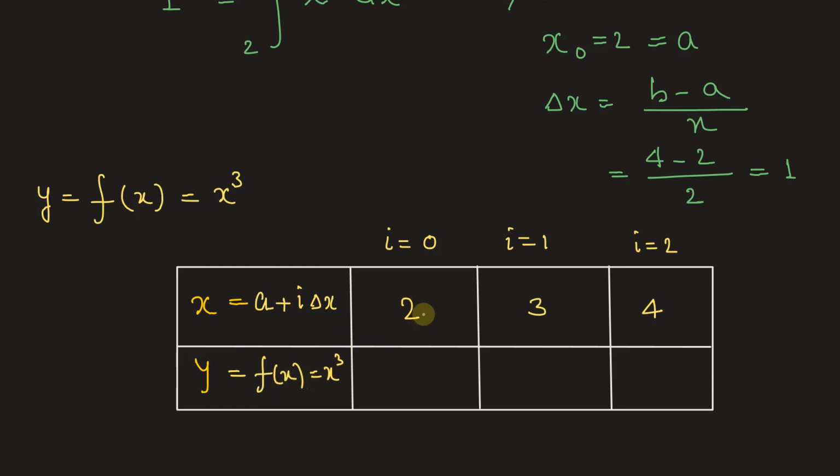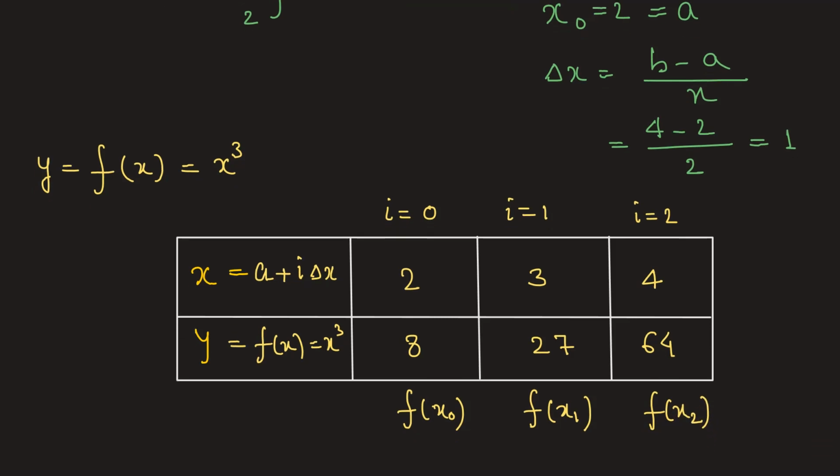Since this is the value of x, 2 cube is 8, 3 cube is 27 and 4 cube is 64. So this 8 we can say is f of x naught because this is x naught. This value 27 is f of x1 because 3 is x1, and this 64 is f of x2.